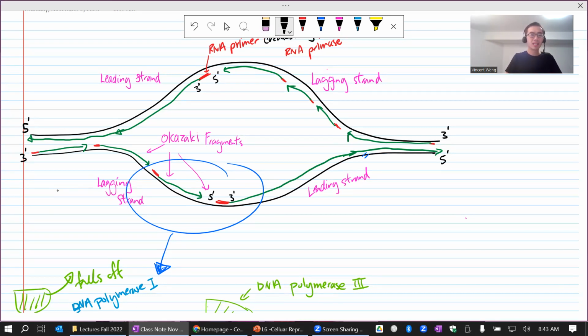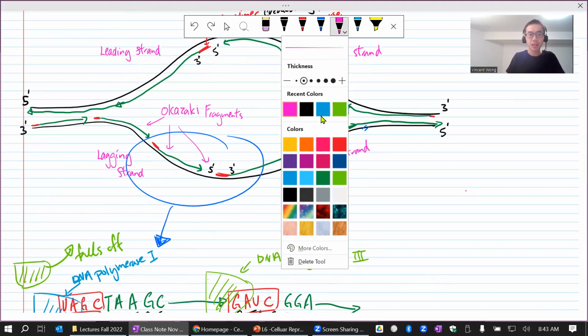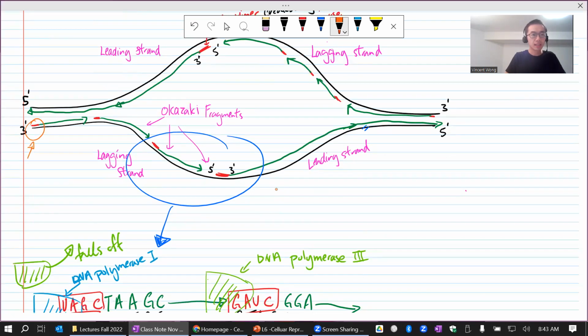Number 3 comes, and then it falls off, and then number 1 goes on and replaces the red thing. But when we get to the very end of the chromosome, we have a bit of a problem. Let me use a different color. There's too many pink things here already. We have a little bit of a problem here at the end.